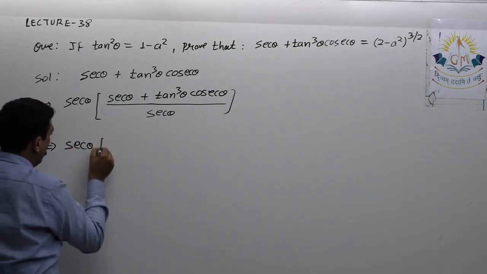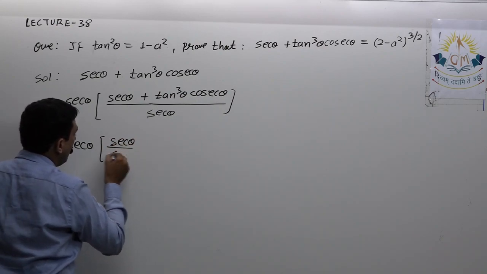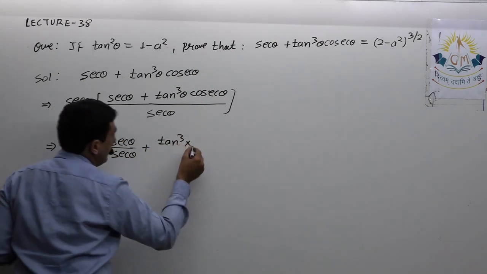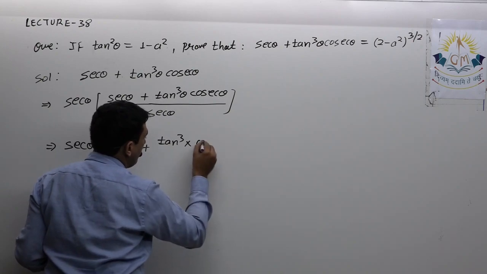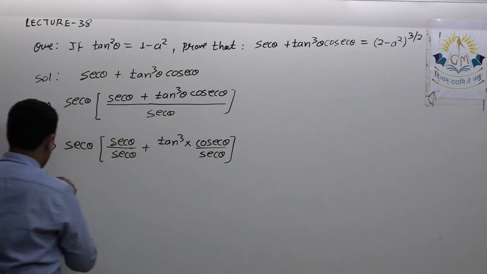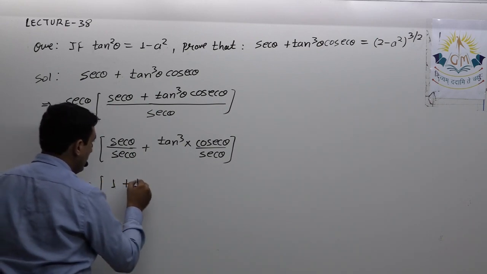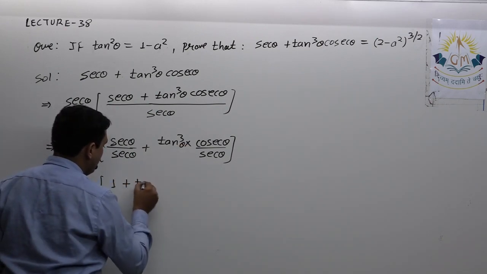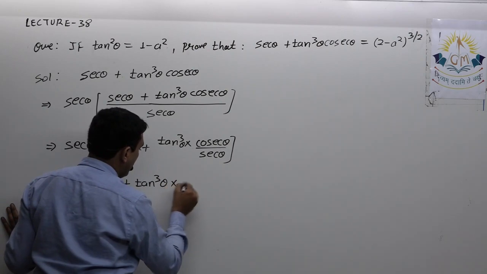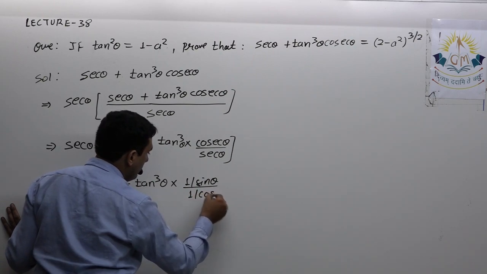So here I write sec theta as it is, and here if I divide in this way, that is sec theta upon sec theta plus tan cube theta into cosec theta upon sec theta. This sec theta I am writing as it is without changing. Here it will be 1 plus tan cube theta, multiplied by, now cosec theta is 1 upon sin theta and sec theta is 1 upon cos theta.